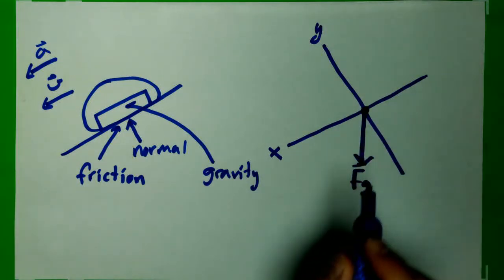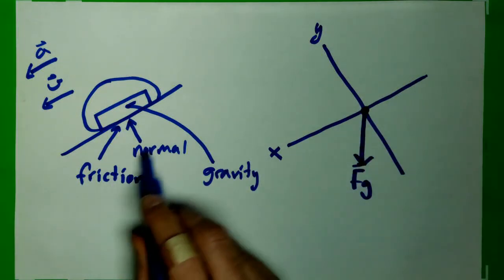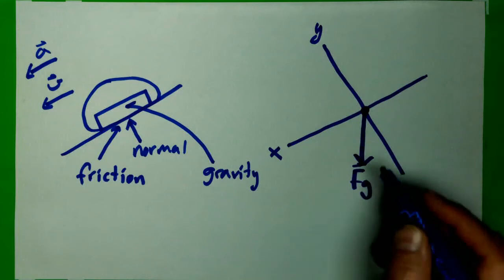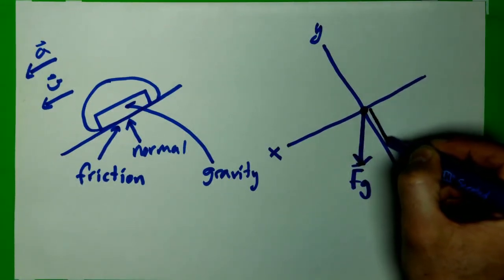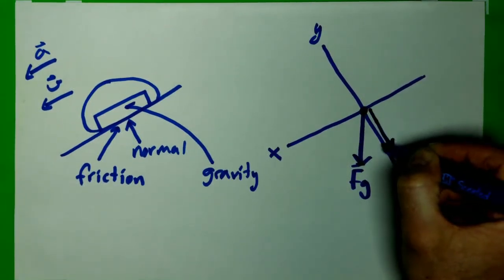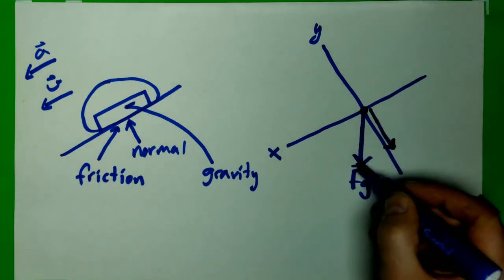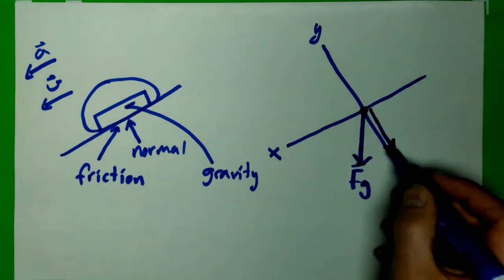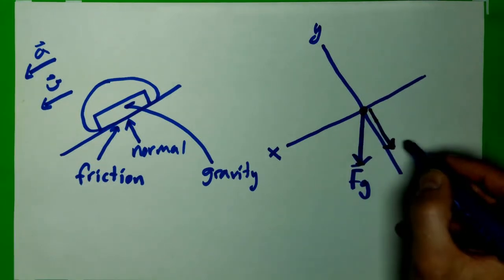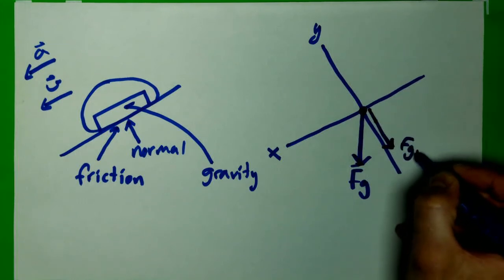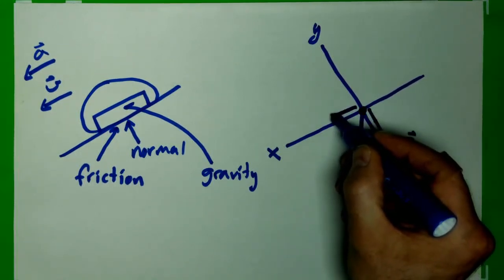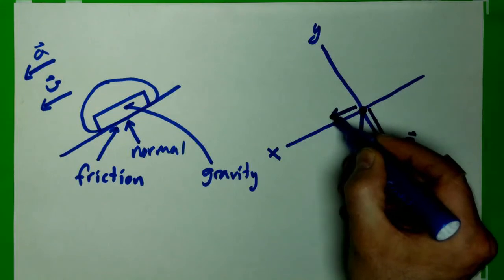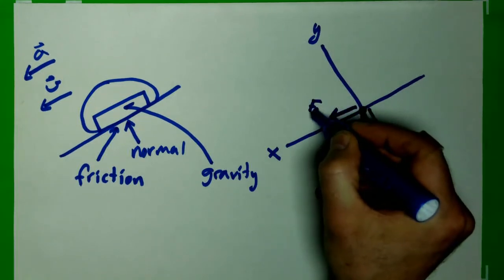In fact, I'm going to need to do that before I can figure out how big these are. So I'm going to write the y component like that, so I can see those are the same length as the projection onto the y-axis. So this is going to be F g y, and the x component is going to be that way, F g x.